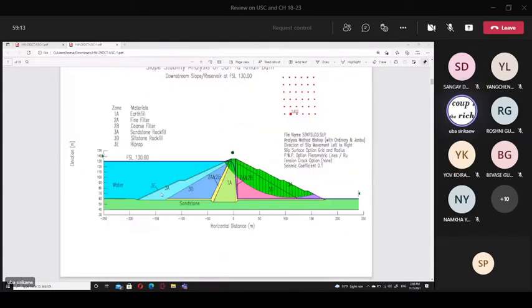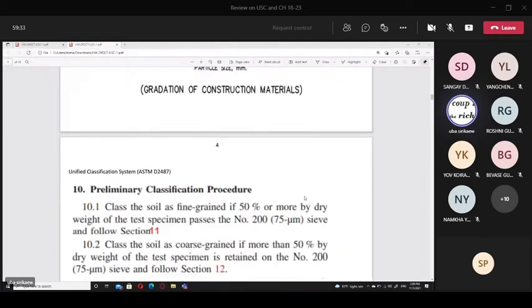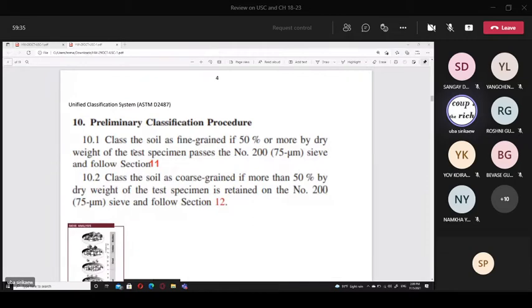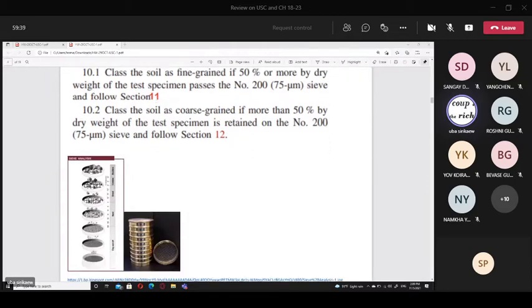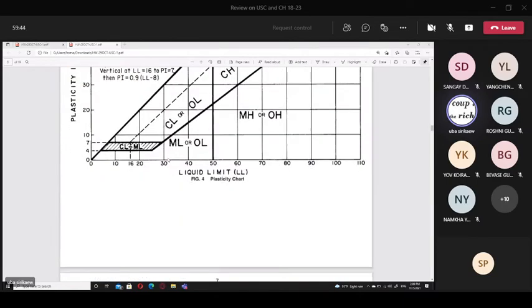This is the gradation of the zone of material. So you have to know the percentage of gravel, the percentage of sand or fine material, silt, clay, see? So I force you to study. And you know the permeability classification. Okay, so you can read it yourself here.